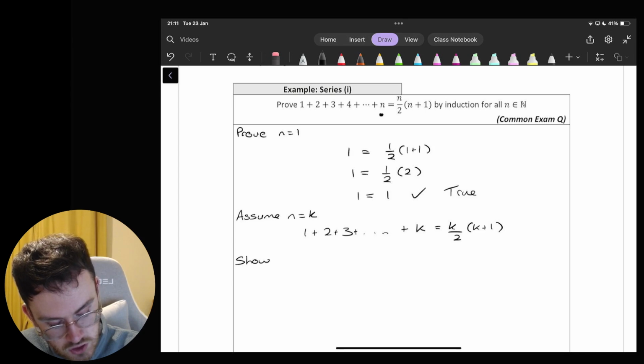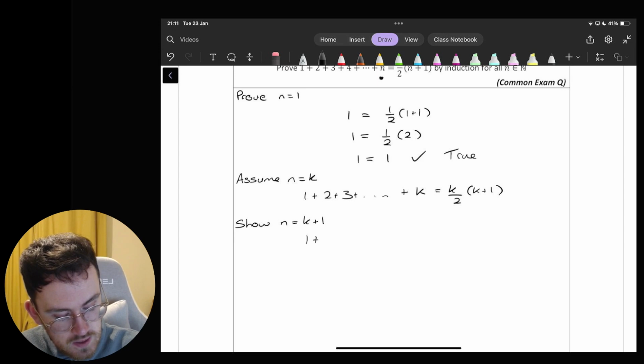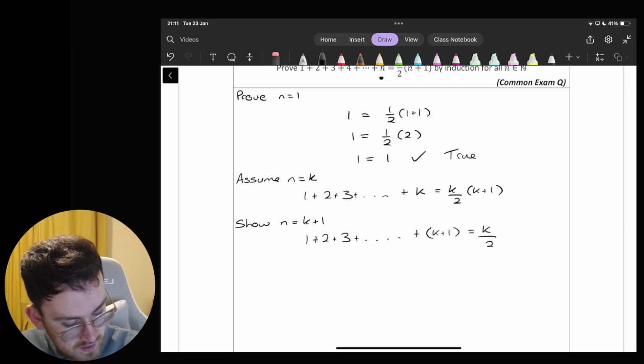Now I want to show that if that assumption is true, then k plus 1 is true also. That's how my proof by induction works. So I'm looking to prove that if I sum up to the k plus 1th term, that's the same as k plus 1 over 2 times k plus 2.